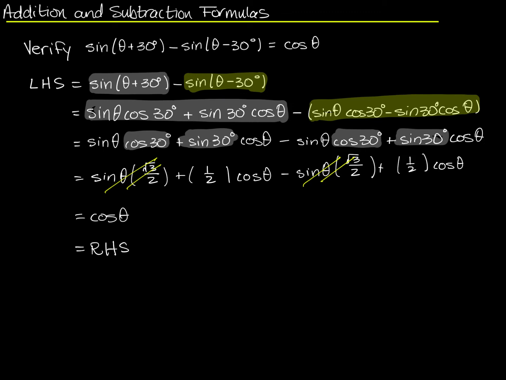Working with the cosine formula, the formula for the cosine of the sum of two angles isn't much different, except that you do have to make sure that you get your identity right. Just as a reminder, the cosine of the sum of two angles is the cosine of the first times the cosine of the second, and the sine of the first times the sine of the second.